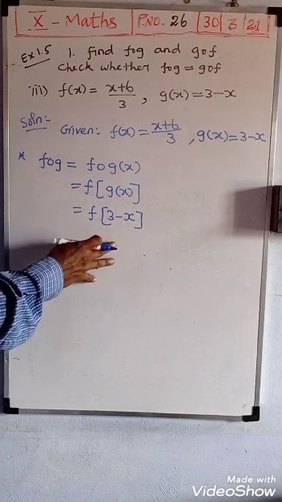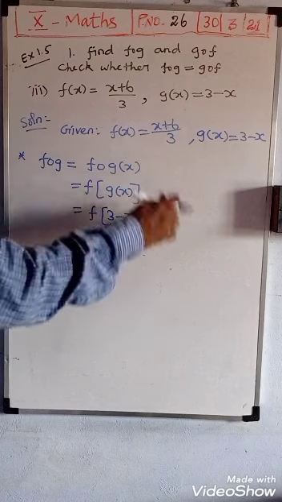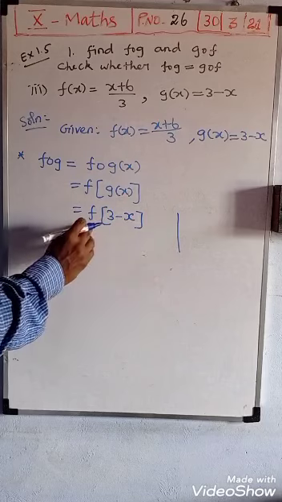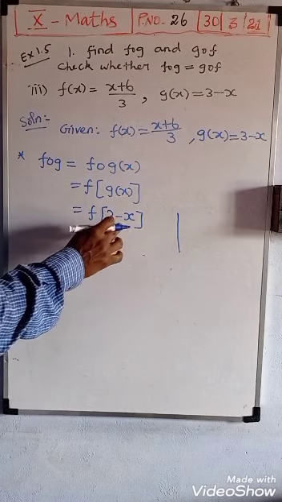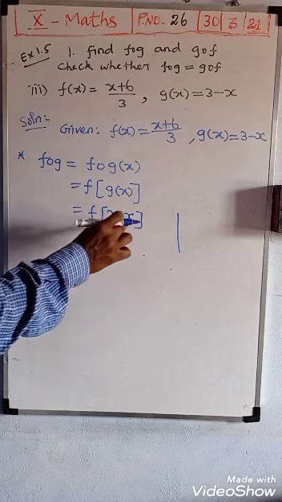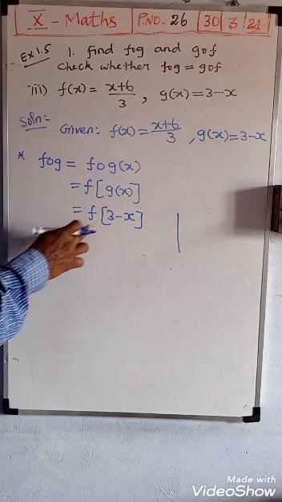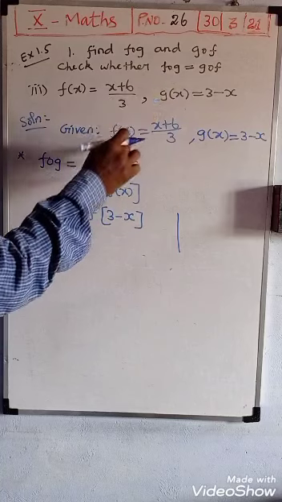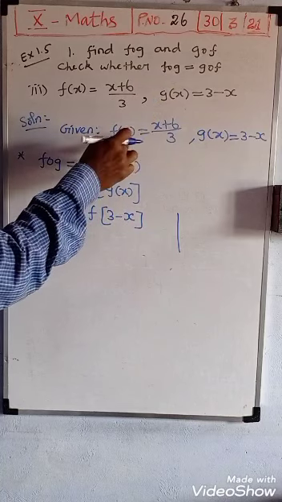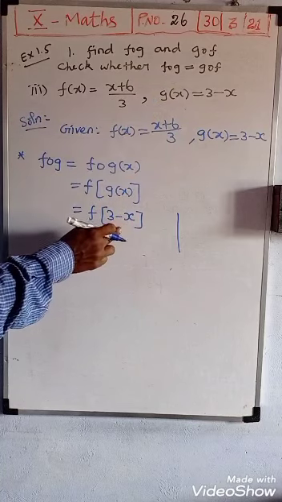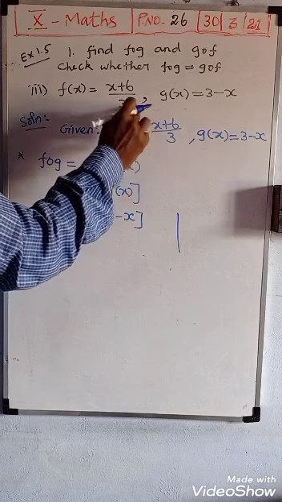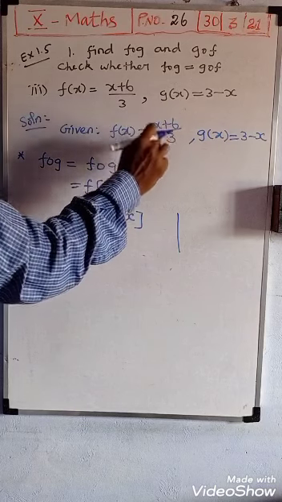Now you can write it directly, or else work it out on the side. Now we want the value of f of 3 minus x. Where do we substitute 3 minus x? In function f. So instead of x you should substitute 3 minus x. So instead of x, (3 minus x plus 6) whole divided by 3.